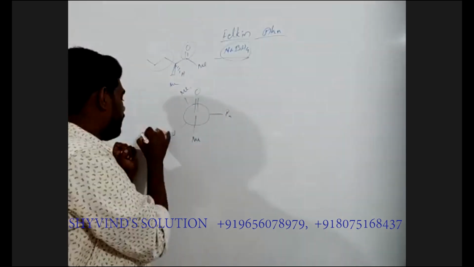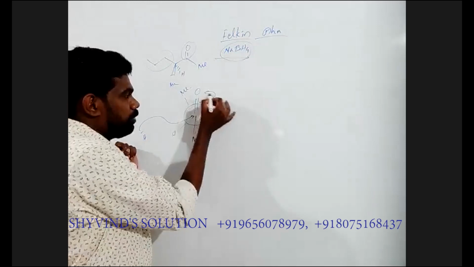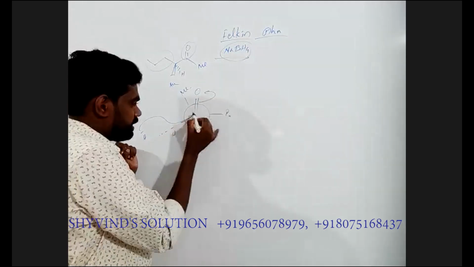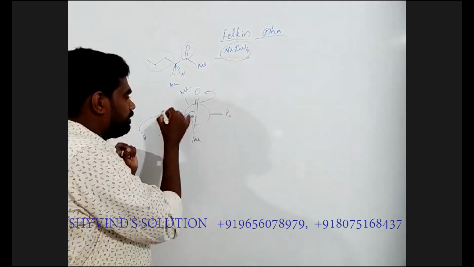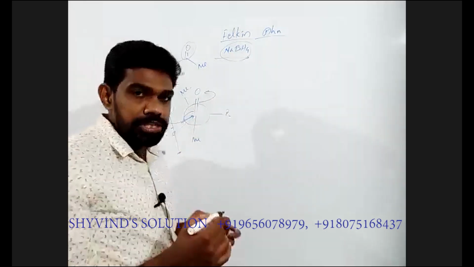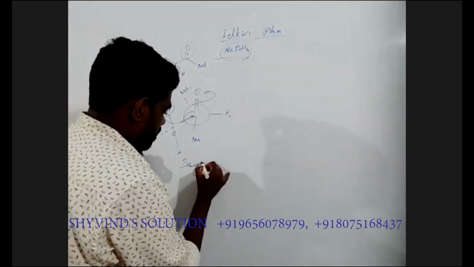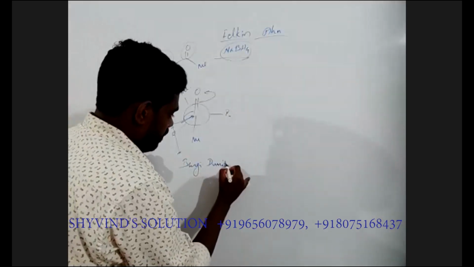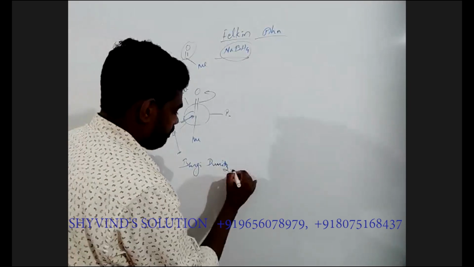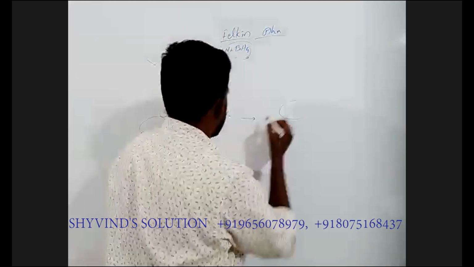So H minus is the nucleophile, and H minus will attack this carbonyl group from a particular angle of 107 degrees, and this angle is known as the Bürgi-Dunitz angle. So let's see how we'll get the product.